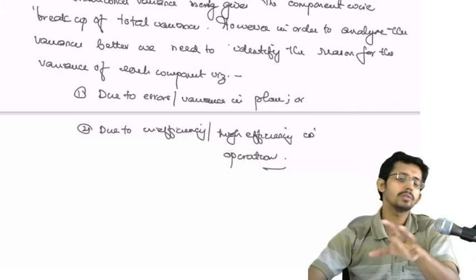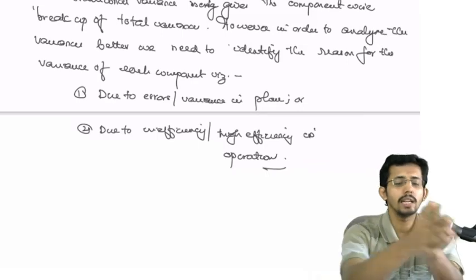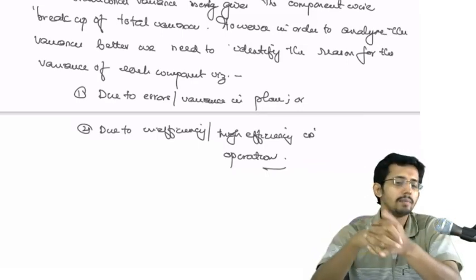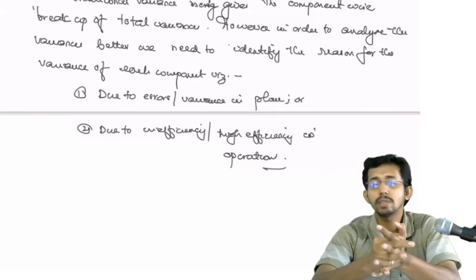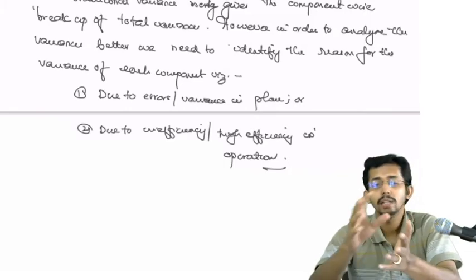So merely because somebody says this is the labor cost variance, this is the material cost variance, that is not sufficient. That will not help you for informed decision making.